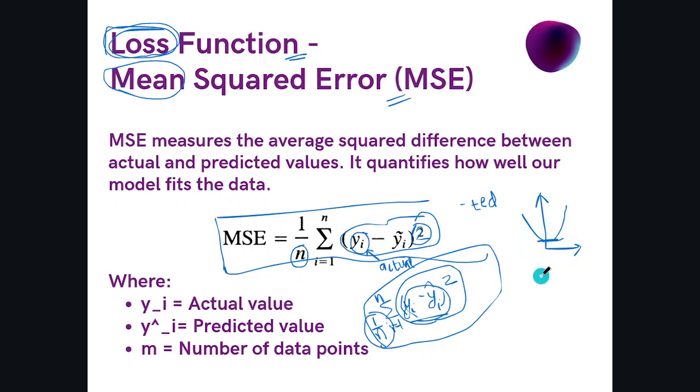We don't get that if we have order 3, then the graph could be like this. Here we have two minimums. Why are we talking about minimums?